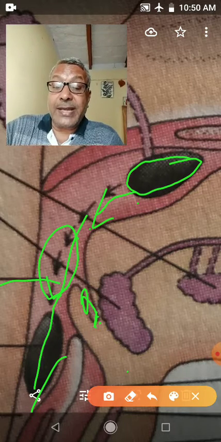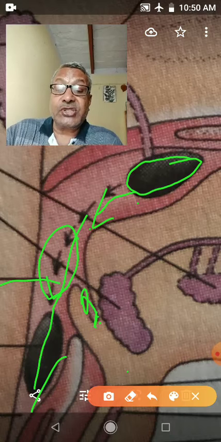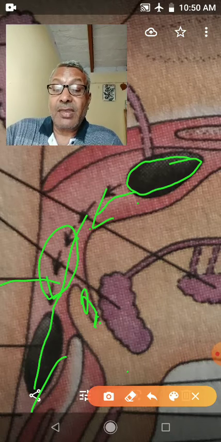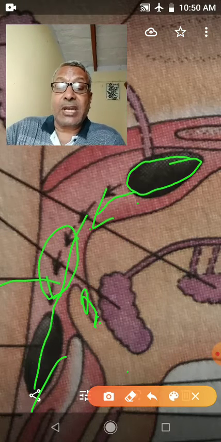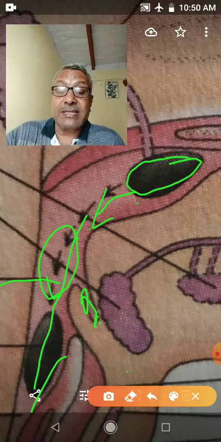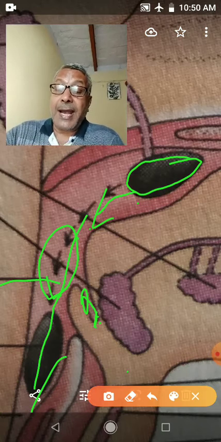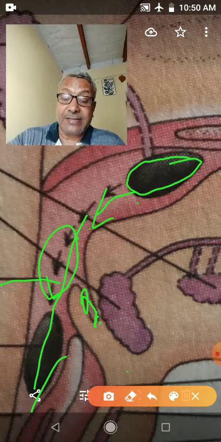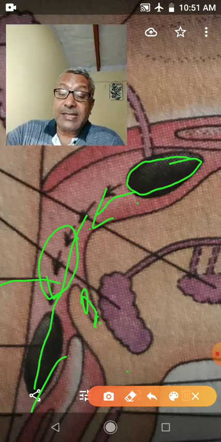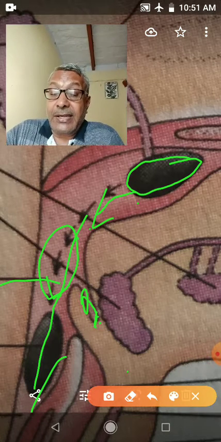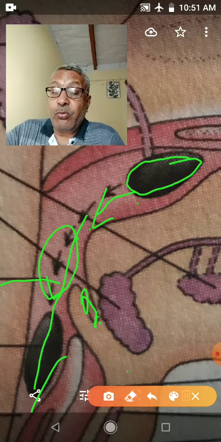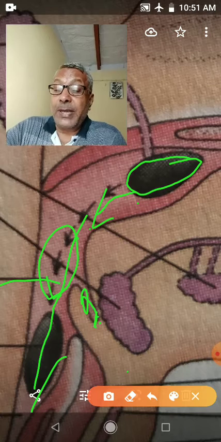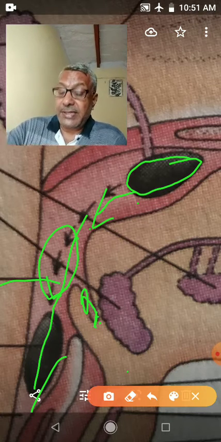And the esophagus opens into the stomach. Its opening into the stomach is surrounded by a ring of muscles called the cardiac sphincter. So there is a cardiac sphincter present at the opening of the esophagus into the stomach.